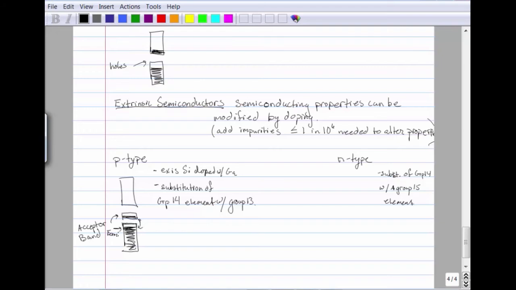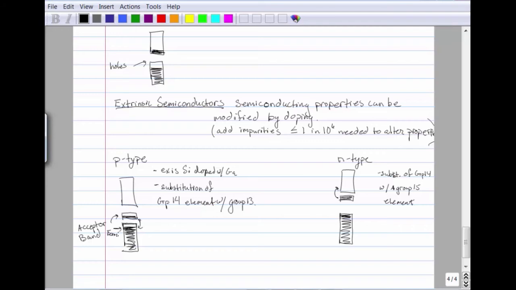What this does is it introduces extra electrons, or a discrete energy level, which is called the donor level. So here, this would be my normal situation, not doped, and now I've added another donor level.